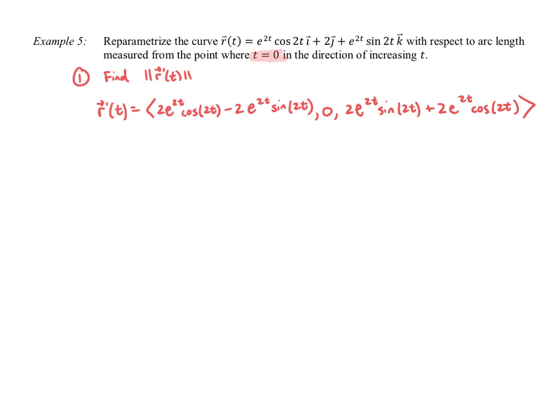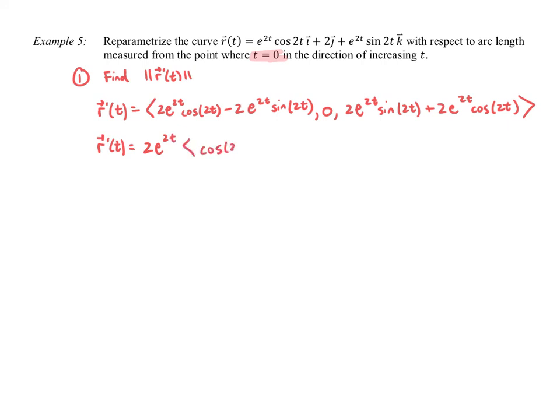Here's one technique or one trick, however you want to say it, that helps you with magnitude. I'm going to actually factor out the greatest common factor of each term that I have, and that's 2e to the 2t. This is a technique that will help us in the future.